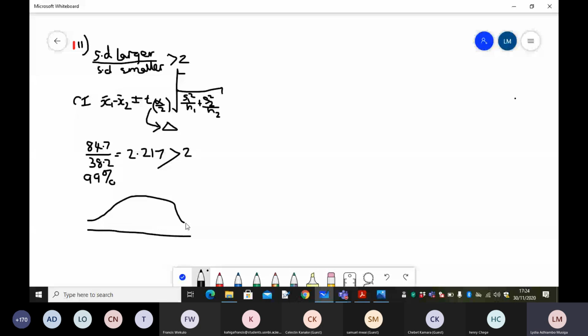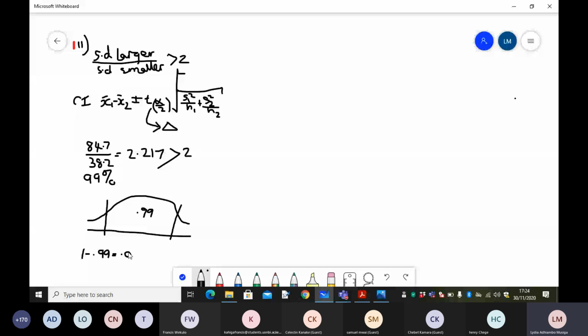As usual, the diagram is the t-table. We know how the t-distribution behaves. It looks like the standard normal. Now the middle area is 0.99. What is 1 minus 0.99? This is 0.01.